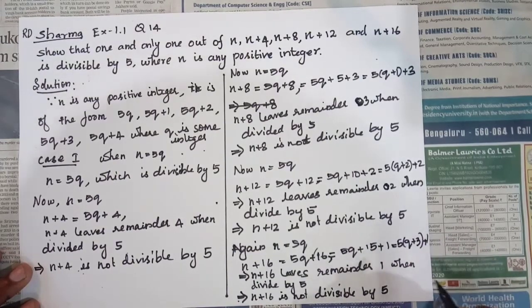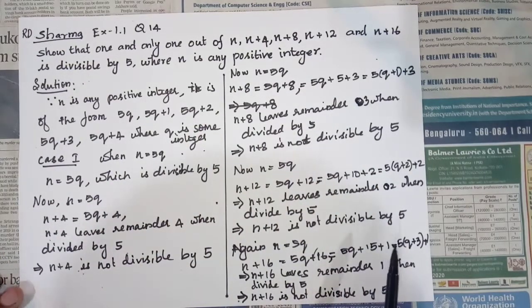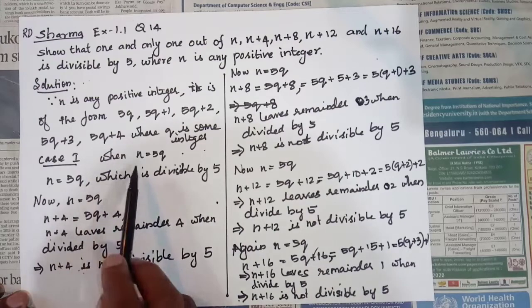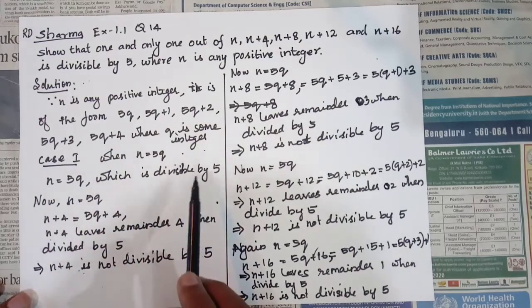So plus 1 is the remainder here, so n plus 16 leaves a remainder 1 when divided by 5, so it is not divisible by 5. So if you see the entire thing, all others are not divisible by 5. Only the first, when we take n is equal to 5q, is divisible by 5.